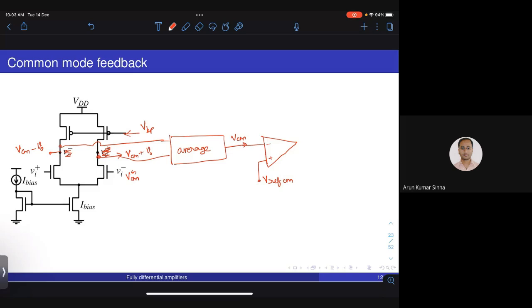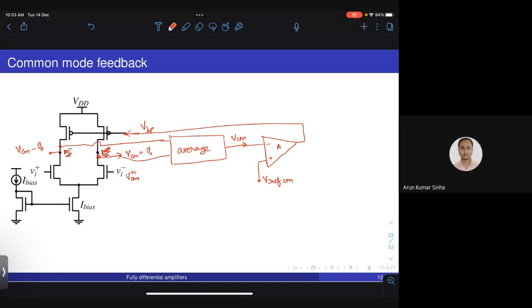Based on the input common mode, I know what the output common mode DC value should be so that the transistors are in saturation. I measure the common mode and compare it with the reference common mode to make sure the transistor is in saturation, and you drive this VBP with this error signal with some gain. This is like a standard negative feedback circuit.